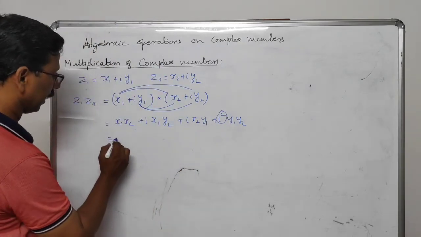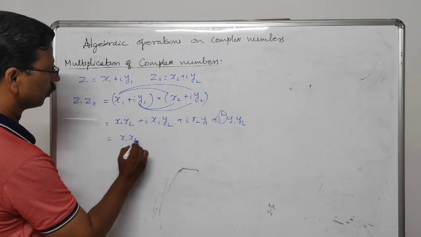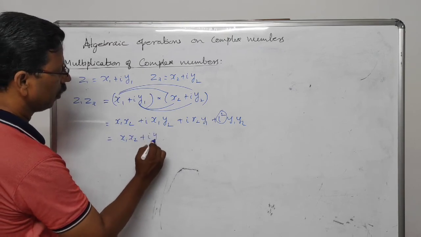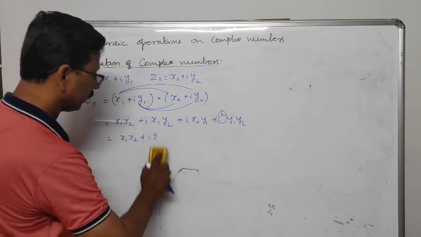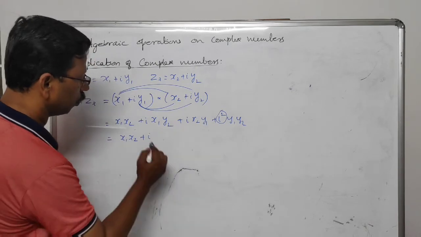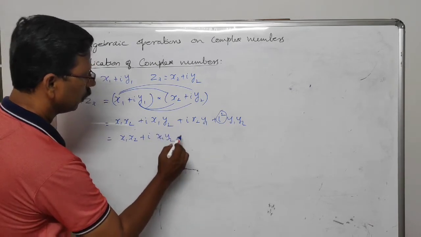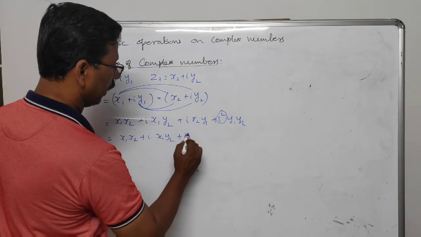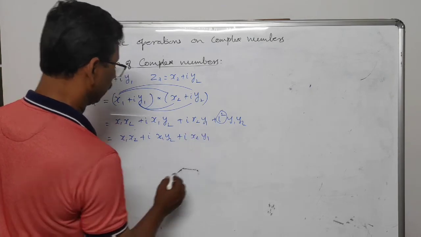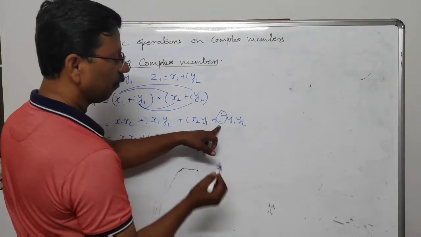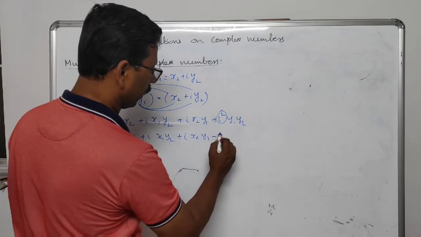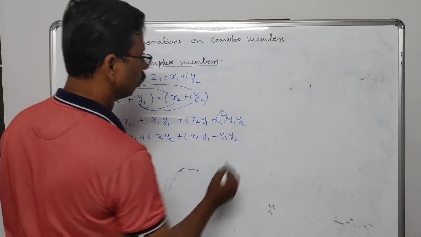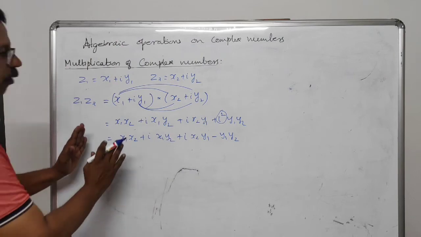Therefore you can write this as x1 x2 plus i x1 y2, then plus i x2 y1, then this i square value is minus 1, therefore you write minus y1 y2. Now here also we have many terms.